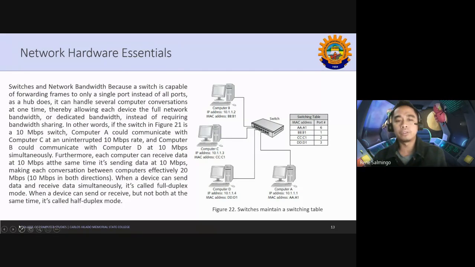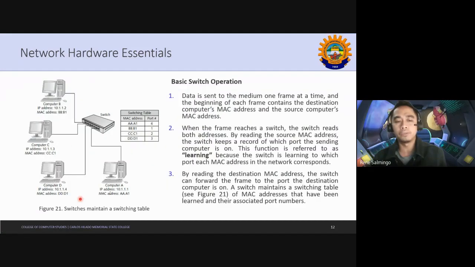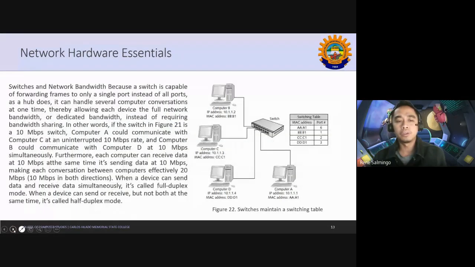In other words, if the switch in figure 21 is a 10 megabit per second switch, we have computer A communicating with computer C with an uninterrupted 10 megabit per second rate. Also, computer B and computer D can have the same communication.